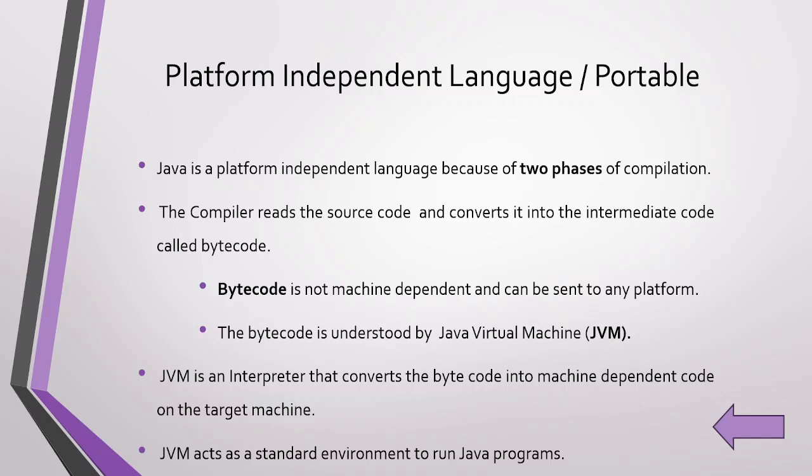Line by line, it executes the bytecode on the target machine, which is machine dependent. And the JVM is the standard environment to run Java programs. The JVM should be there in order to run Java programs. This is why it became a platform independent language or portable language.